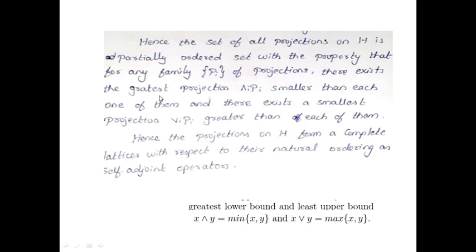Similarly, there exists a smallest projection, join of Pi, greater than each of them, the least upper bound, which is the maximum. So we got two properties: one is partially ordered set, the second is greatest lower bound and least upper bound. So we can say the projections form a complete lattice with respect to the natural ordering as self-adjoint operators.